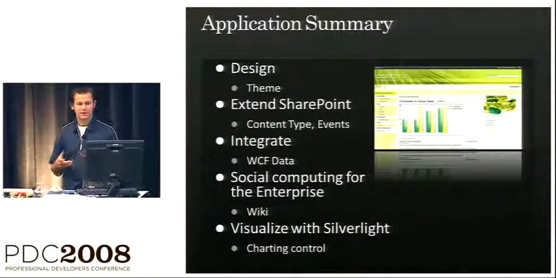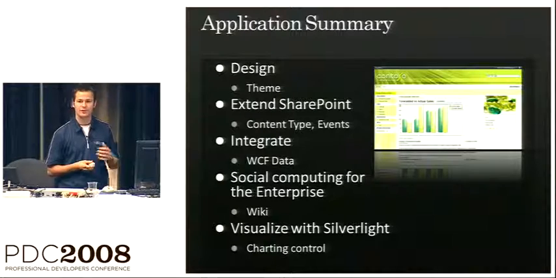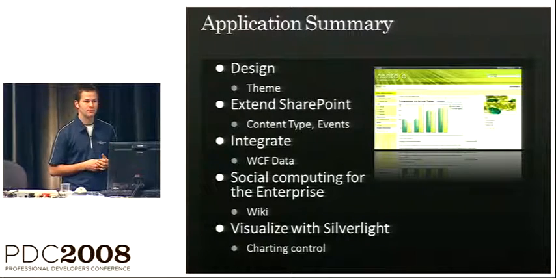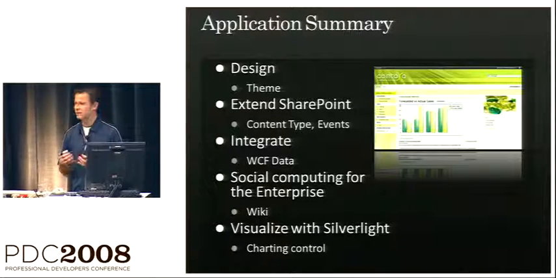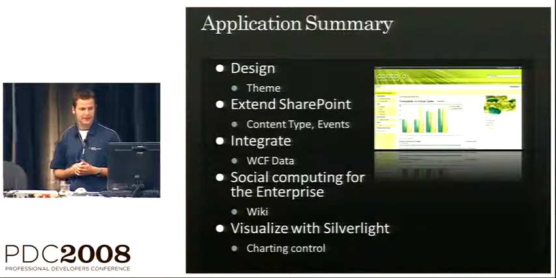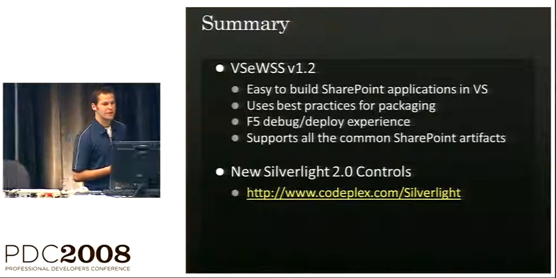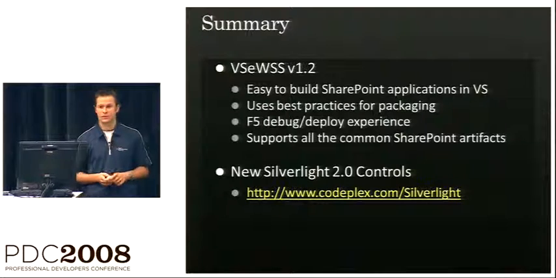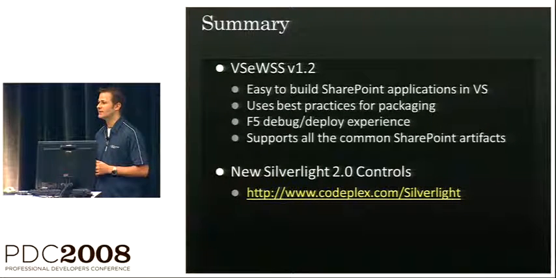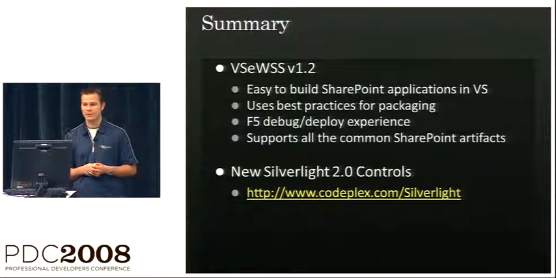Okay, so in summary, we did some design, we extended SharePoint, we integrated some WCF data in there, we added some aspects around wikis for social computing, and we did some visualization in Silverlight. In summary, the Visual Studio extensions for WSS 1.2, the current version for Visual Studio 2008, makes it really easy to build SharePoint applications, uses best practice for packaging and WSP deployment.